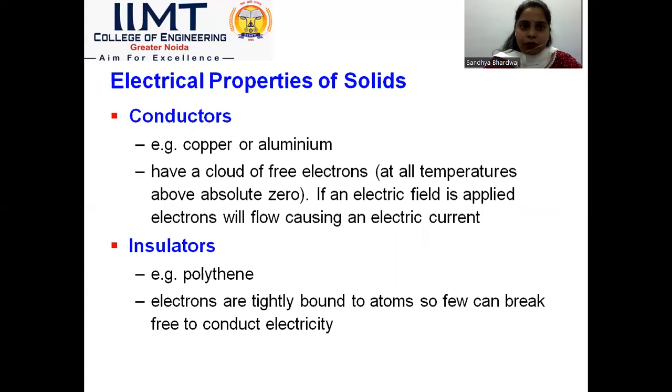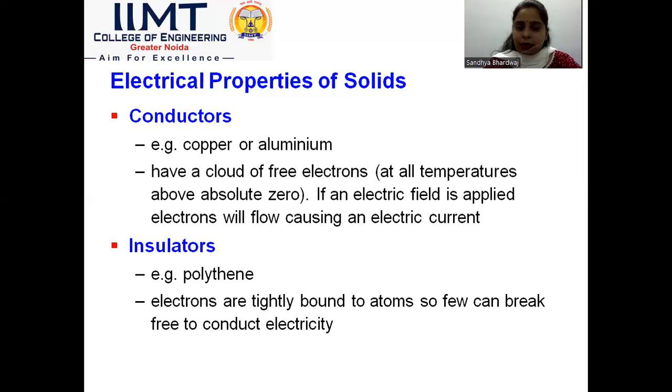Now we are talking about the electrical properties of solids. Conductors, for example copper or aluminum, have a cloud of free electrons at all temperatures above absolute zero. So if an electric field is applied, electrons will flow, causing an electric current. Now the insulator, for example polythene.